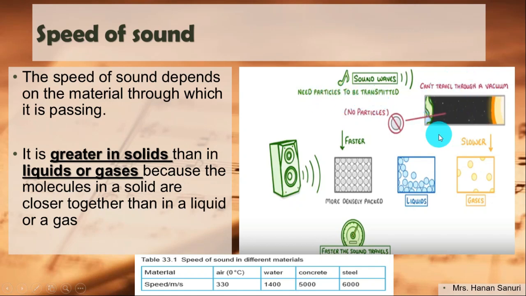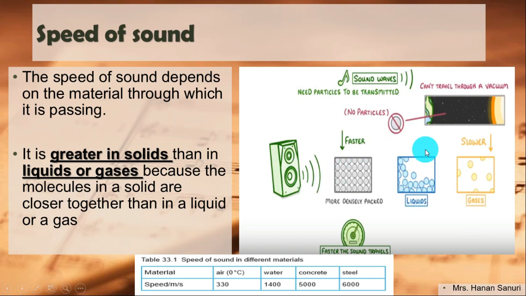Without particles, they can't move. So, if there are no particles, the sound waves cannot move through this medium, the same as, for example, vacuum. No particles, no sound. Now, when particles are closer to each other, the same as in solids, the sound will move faster. When particles are far away from each other, the same as gases, the sound moves slower.